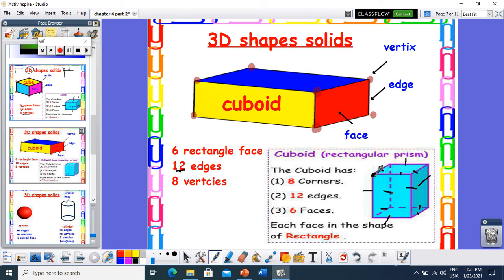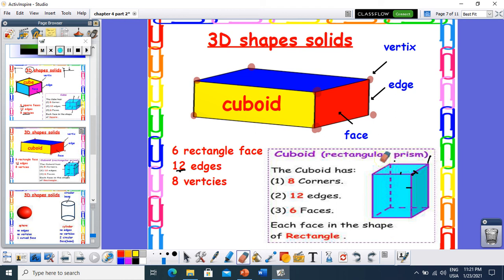And how many vertices do we have? Vertices mean the meeting point between two edges. 1, 2, 3, 4, 5, 6, 7, 8. So I have 8 vertices and 12 edges.